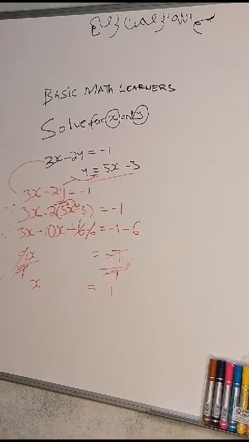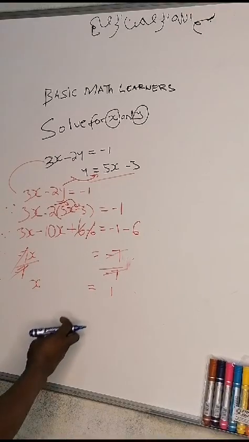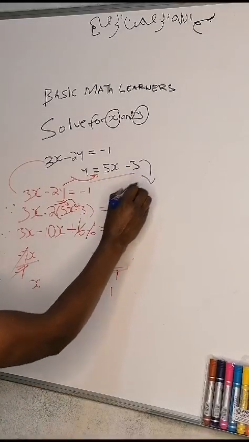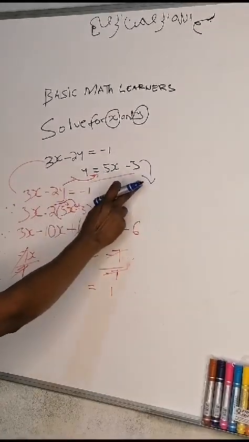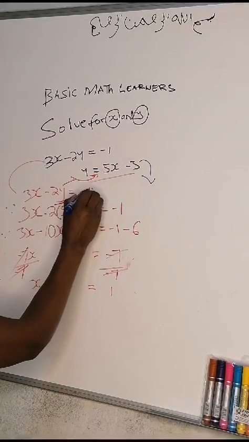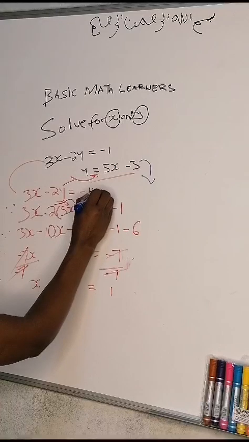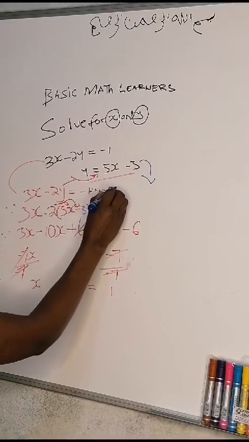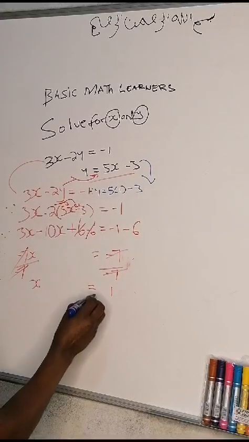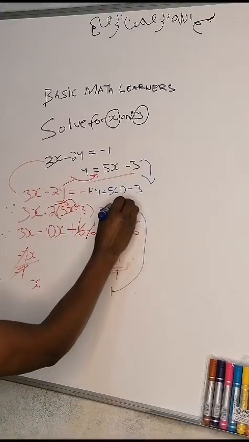Now you need to solve for y, applying this value that you get. Yes, let's go here. Here we have the y equals 5x minus 3. Therefore, you can say my y equals 5 bracket 1 minus 3. Because the 1 comes from here.